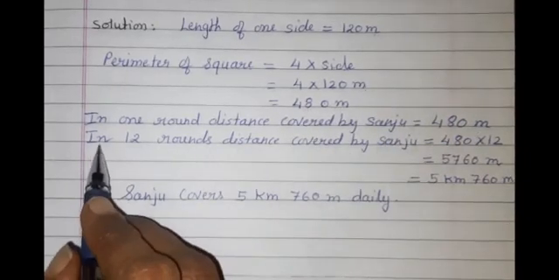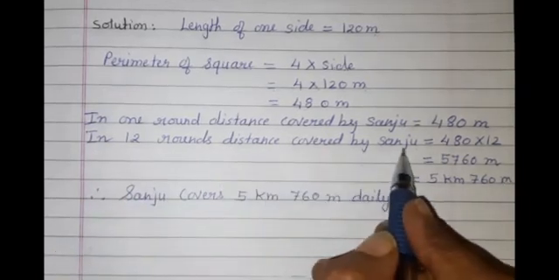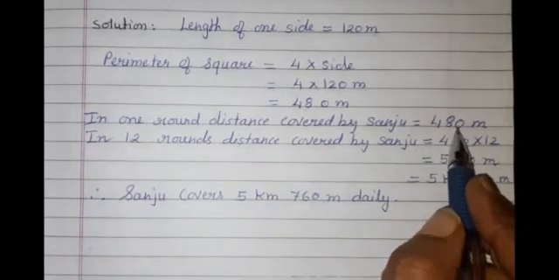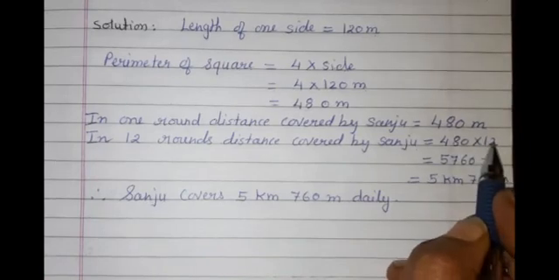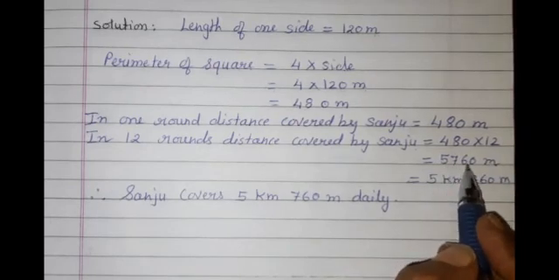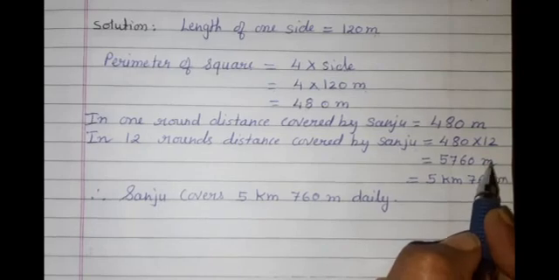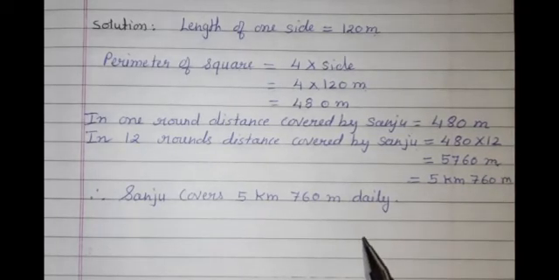And now we will find out in 12 rounds. So in 12 rounds the distance covered by Sanju is equal to 480 multiplied by 12. And after the multiplication we get 5760 meter. So in our question, find out in kilometers and meters.